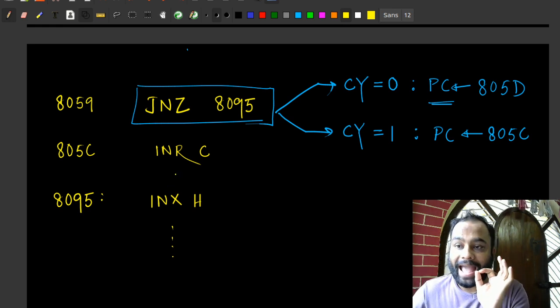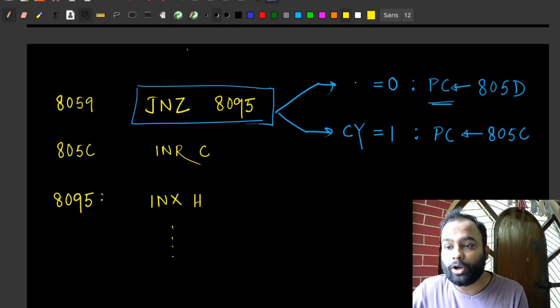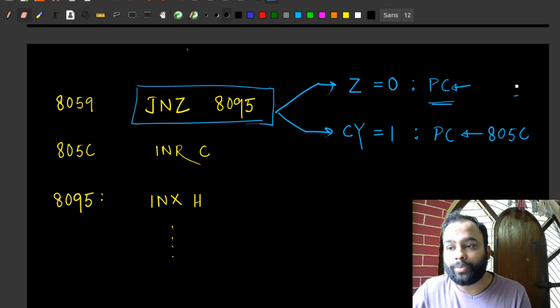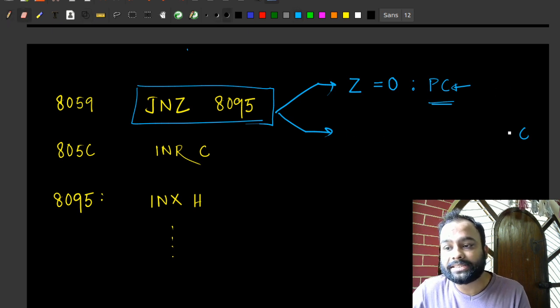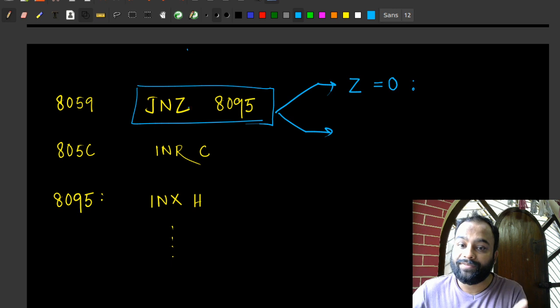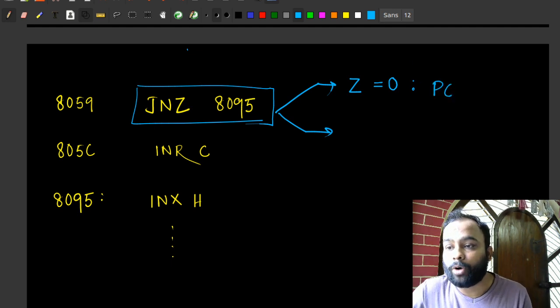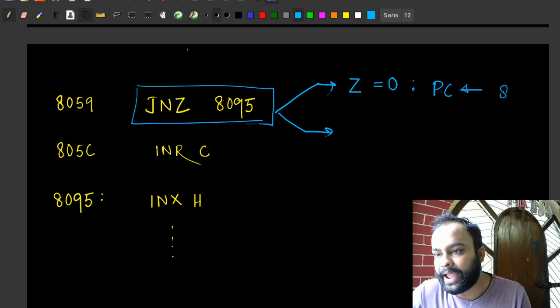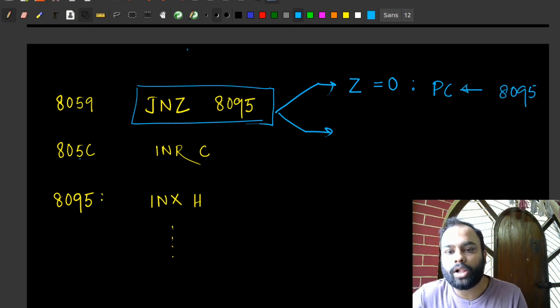If the zero flag has not been set, if Z is equal to 0, then what will it do? Then the condition is true, and the program counter will be set to jump to this. So the program counter will now become 8095. All the instructions that came in between will be skipped over, and this will be executed next.